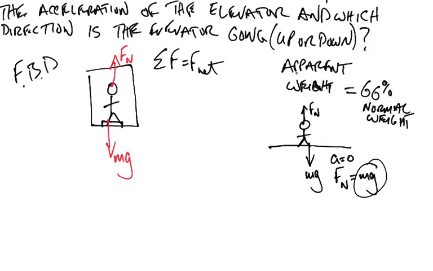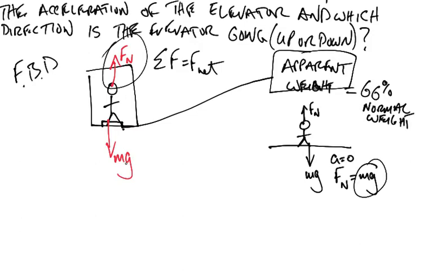What is their apparent weight? Well, if you remember, apparent weight is simply what the scale reads. That's what the apparent weight is. And the scale reads the normal force.